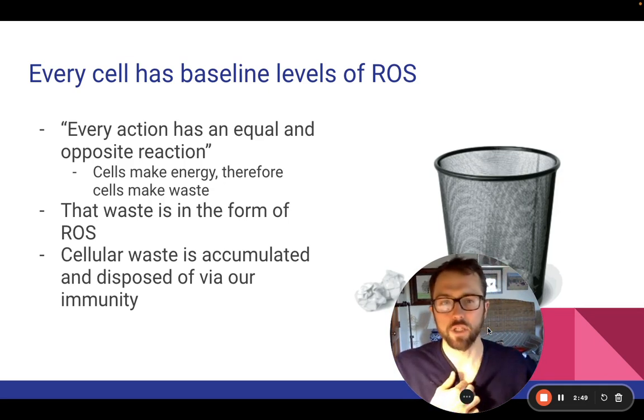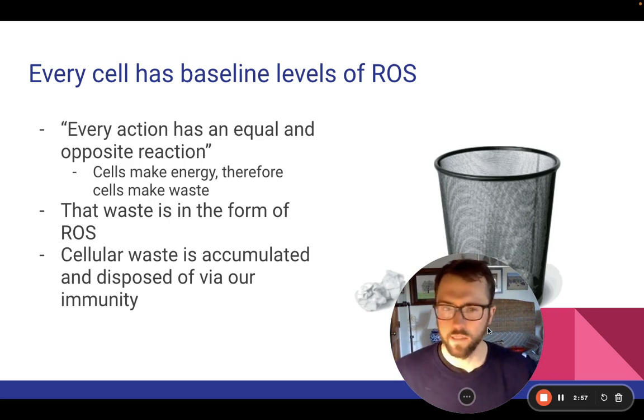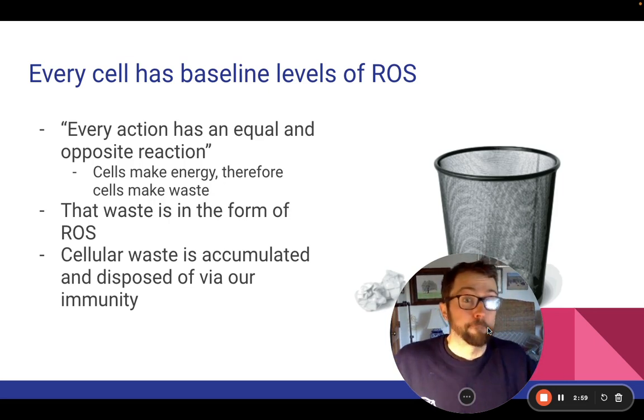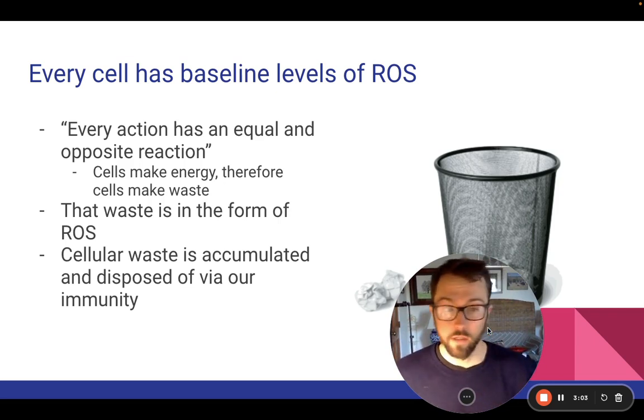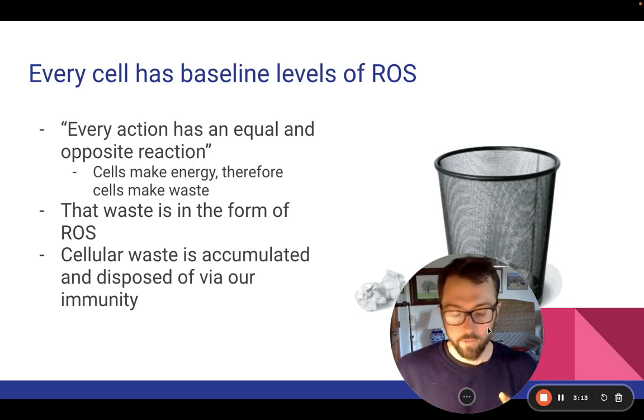Think of it like an office space. Throughout a typical workday, your waste paper basket is going to fill up with little odds and ends that you've accumulated throughout the day. Our immune system, our lymph system, everything that keeps our cells clean, takes those on a moment-to-moment basis and disposes of them properly. It can be through, like I said, lymph, urine, feces.